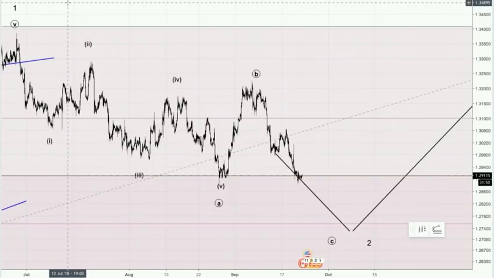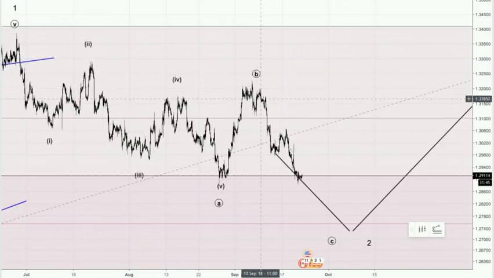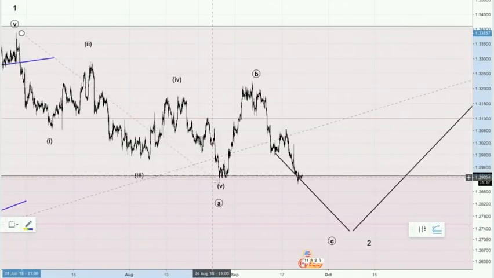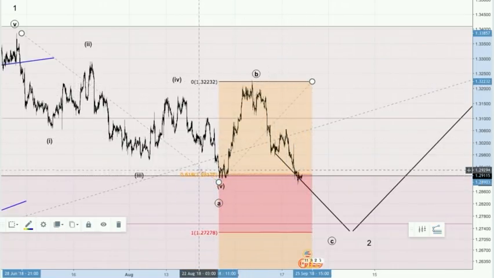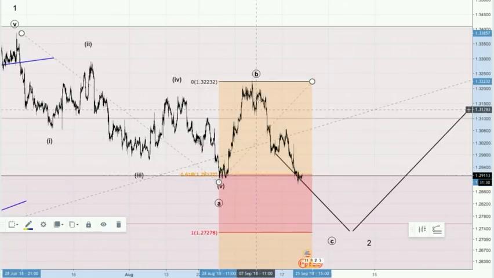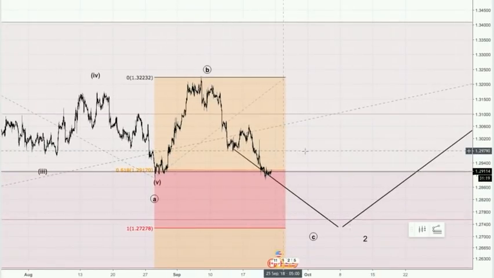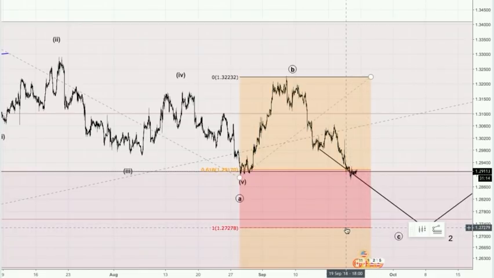And in addition, we also need to bear in mind the general guidelines for how far a wave C goes relative to wave A. If we use our Fibonacci extension tool to work this out, then we can see that generally the minimum size that wave C is relative to wave A is the 61.8% ratio. But more often than not, it leans more towards equality, so at 100 here.